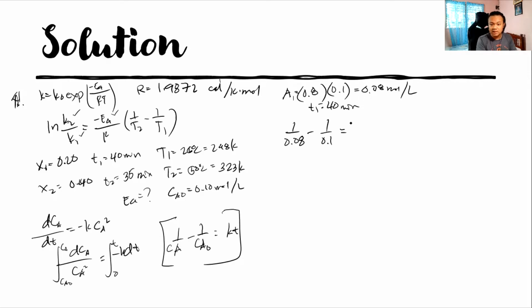So we have K, and T1 is equal to 40, right? And then if you get the K1, the first one is 0.0625, with its units.